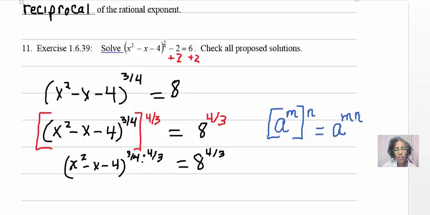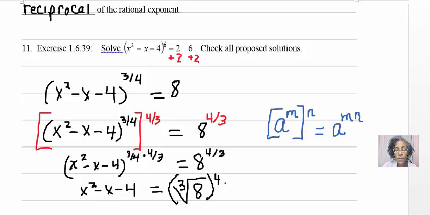And so this is just to the first power. So x squared minus x minus 4 is raised to the first power, and the first power can be left unwritten. A 4/3 power means to take the cube root of 8, and whatever that is, raise it to the 4th.